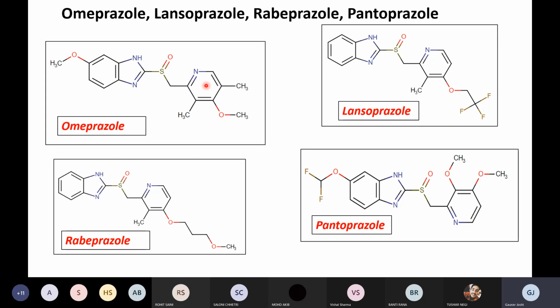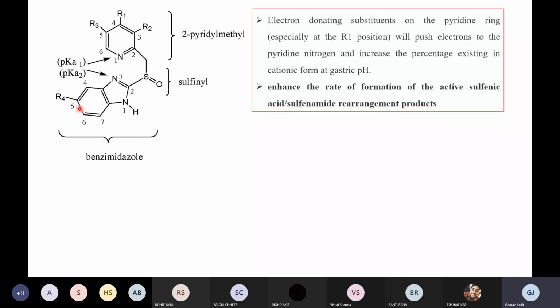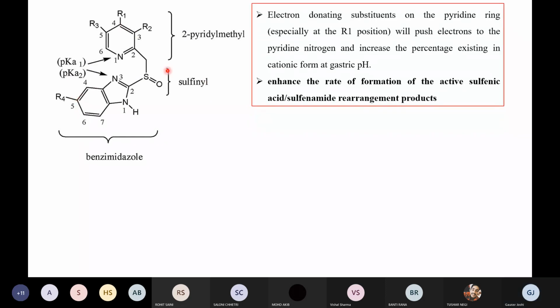Now we'll be going through some of the SAR studies. What are the requirements? So this was the general formula. All the molecules belong to the same formula, right? Now see the first point: electron donating substituents on the pyridine ring, especially at R1, will push electrons to the pyridine nitrogen and increase the percentage existing in the cationic form at the gastric pH.